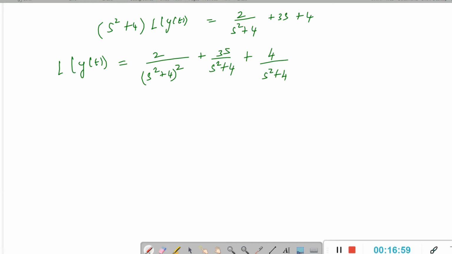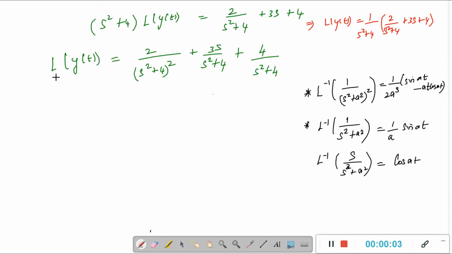That means I have divided by s square plus 4 on the right hand side. After the simplification you get this step.